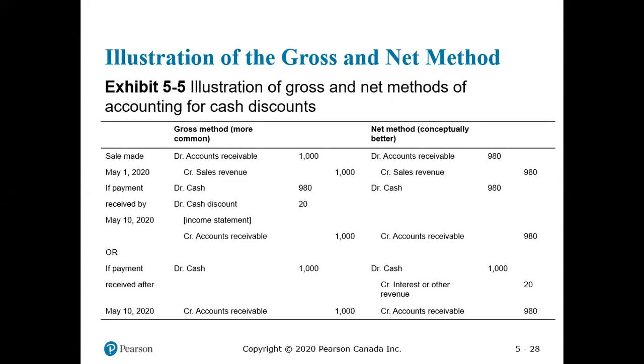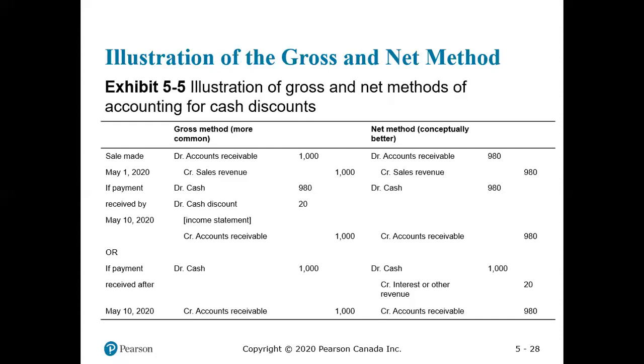So it's a sale for $1,000, and the terms are that the customer can get a 2% discount if they pay within 10 days. So the gross method would record the accounts receivable at the full amount, which is under the assumption that they won't be paying within that 10 days. And therefore the company will receive the full 1,000 because they won't have to give the customer a discount.